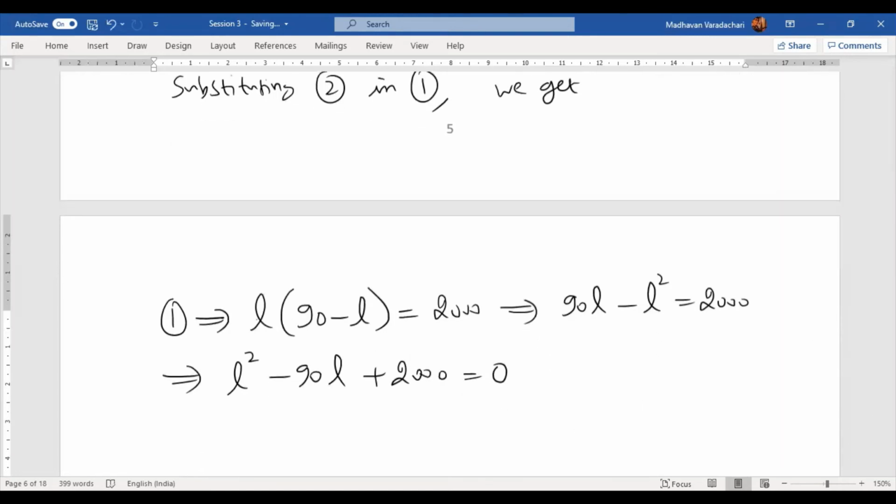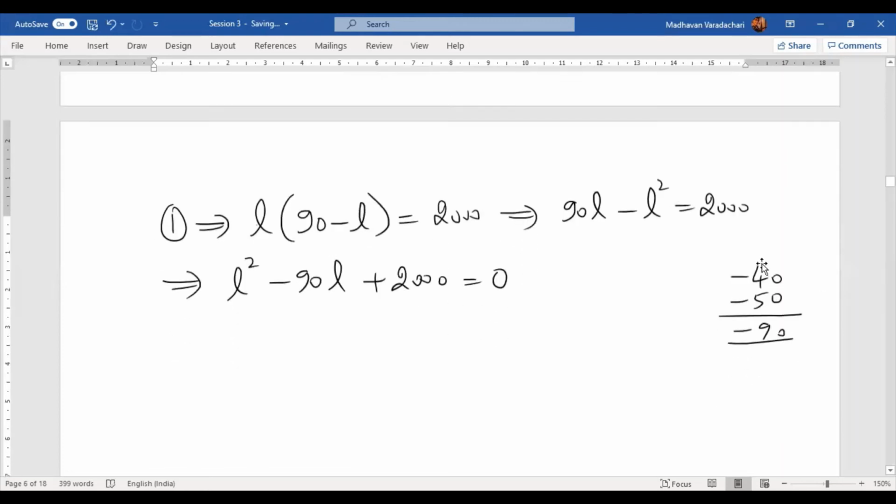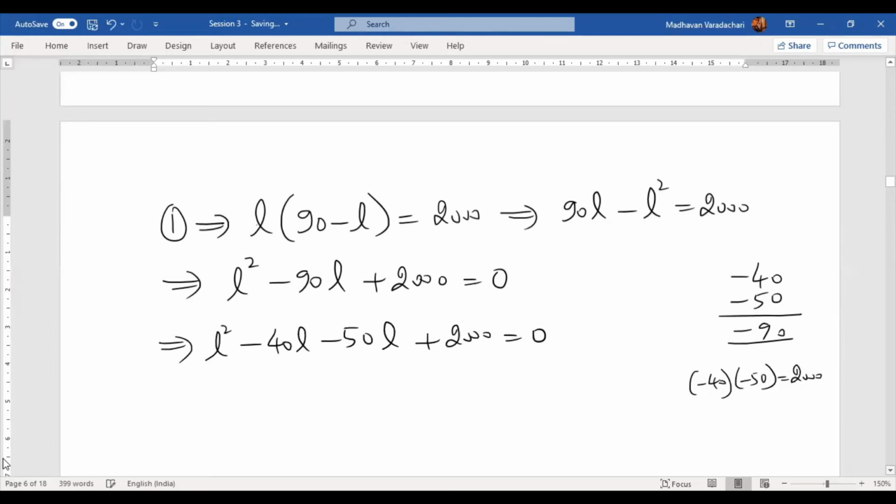Now, we may note if I add minus 40, minus 50, I will get minus 90. That is 1. Then, if I multiply minus 40 and minus 50, we will get positive 2000. So, I can factorize this or split this as L square minus 40L minus 50L plus 2000 equal to 0. What is common in these two? L is common.